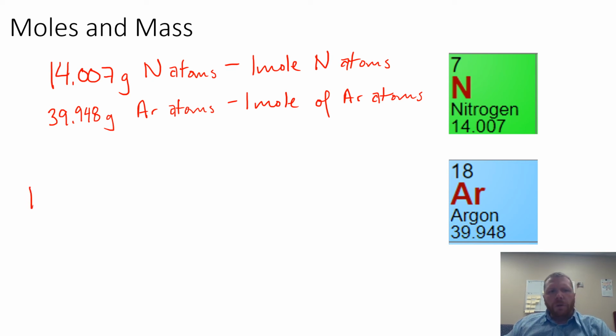Let's say you had 14.007 grams of argon atoms. I like to look at this and compare that to my molar mass. So if I have 1 mole of argon atoms, I have a mass that amounts to 39.948 grams. 14.007 grams of argon atoms, that means I have a lower mass, so I have fewer argon atoms.